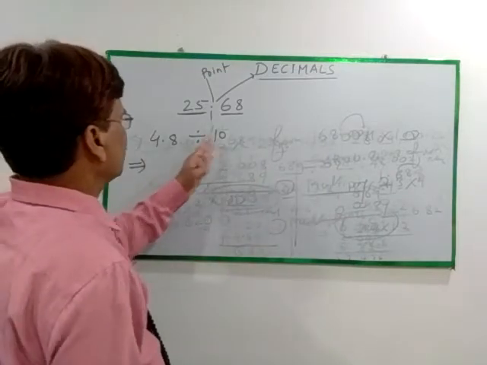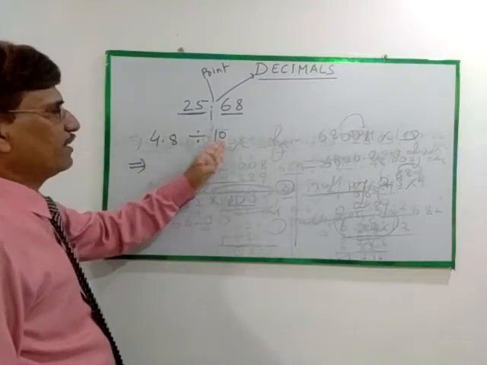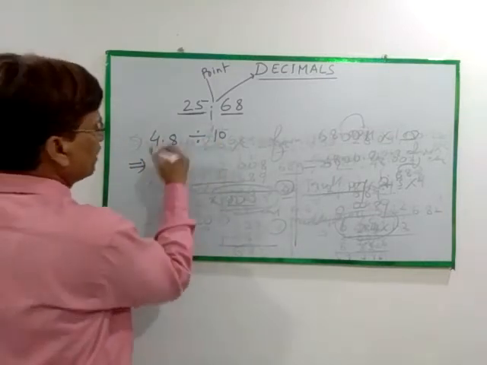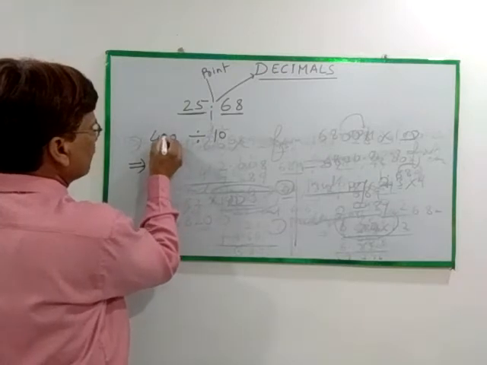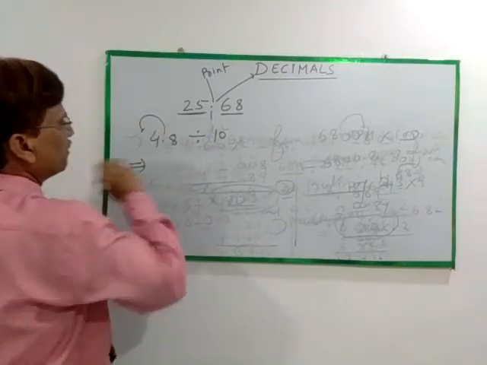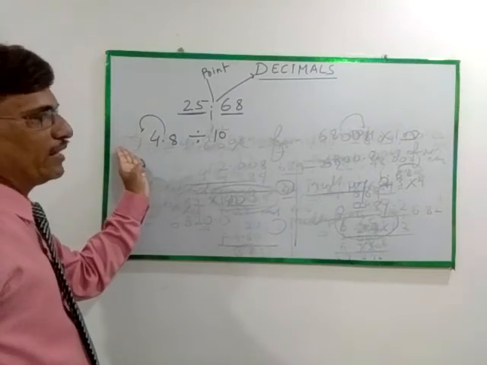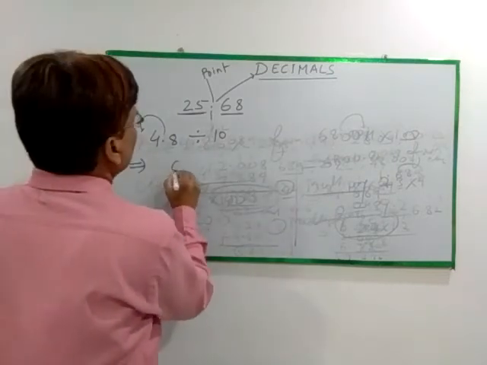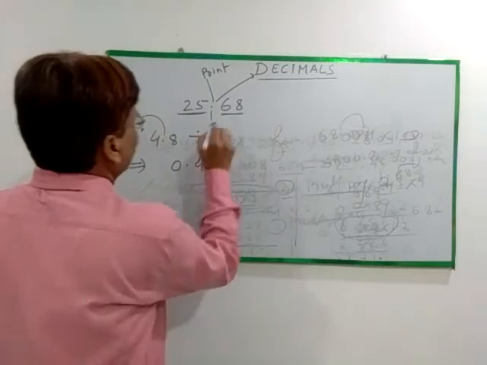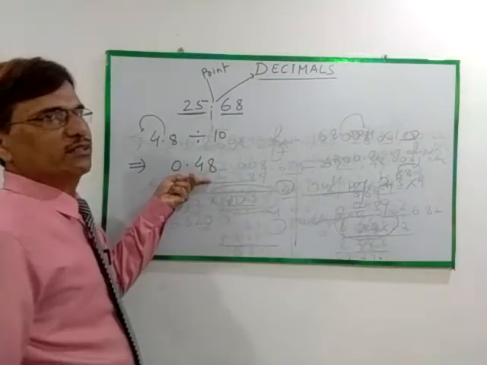Here the decimal will shift to the left, so the result is 0.48.